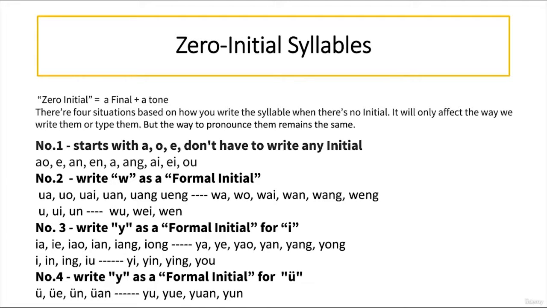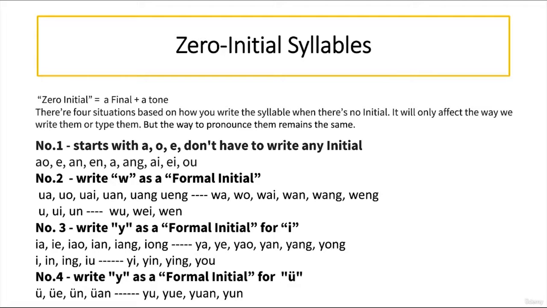Number 4, write Y as a formal initial for U. When the zero initial syllable starts with the vowel U, we write Y as a formal initial as well. There are only 4 of them. Yu, Yue, Yun, Yuan.